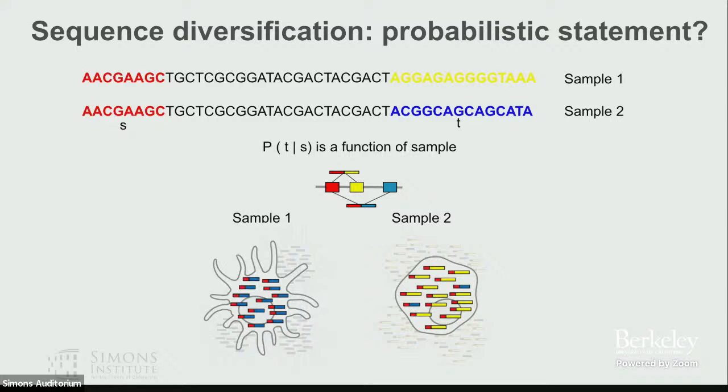We have two samples. Sample 1 might be cell type 1 and sample 2 cell type 2. Sample 1 predominantly splices exon 1 to exon 3, whereas sample 2 splices to exon 2. Okay, so I've given an example. Oh, sorry, sample 1 and 2 are obviously switched at the top here.